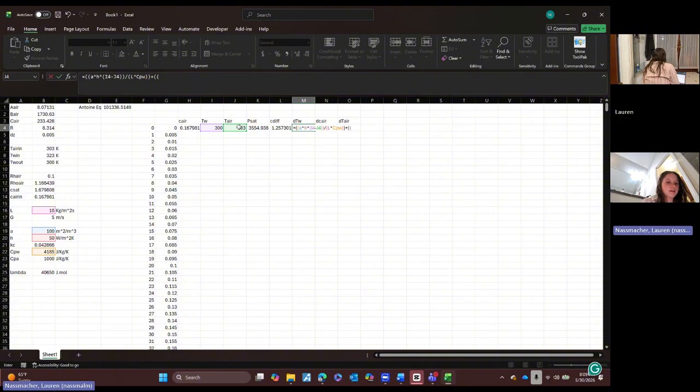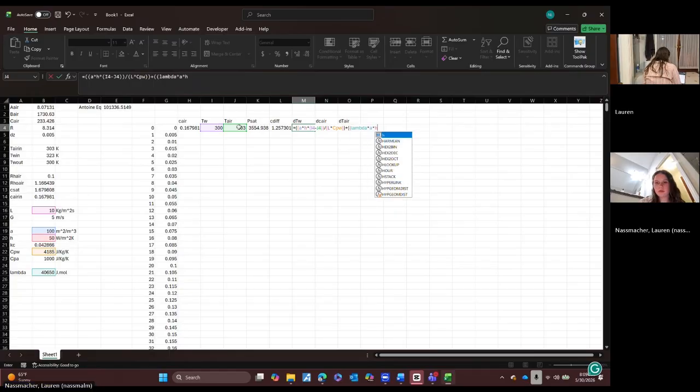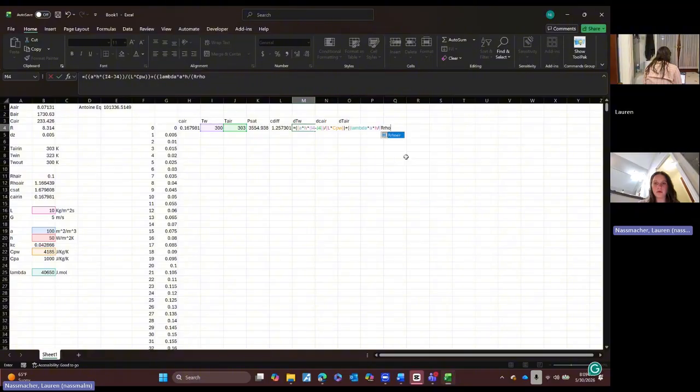Okay, sorry. Our lambda multiplied by that A multiplied by that H divided by the L value once again, multiplied by, oh no, sorry, the density divided by the density, which is rho air. Rho air divided by rho air multiplied by our heat capacity of our water once again.